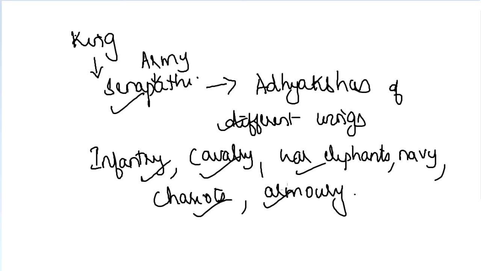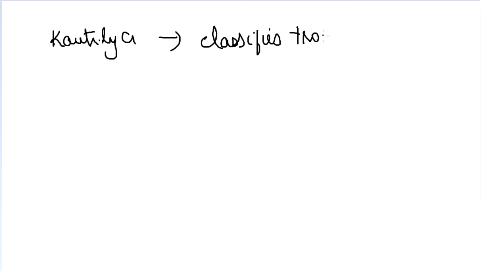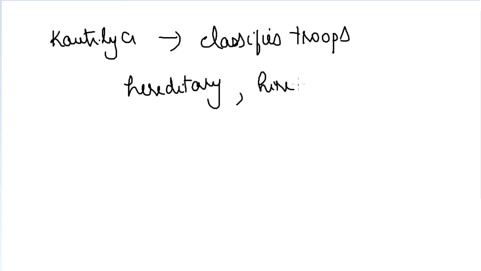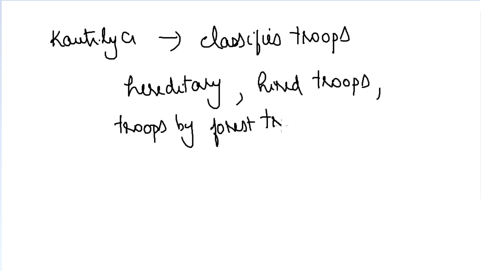And Kautilya classifies troops into different types. In Kautilya's Arthashastra, he classifies the troops in the army as hereditary ones, then hired troops, then troops supplied by forest tribes, and those furnished by the allies.